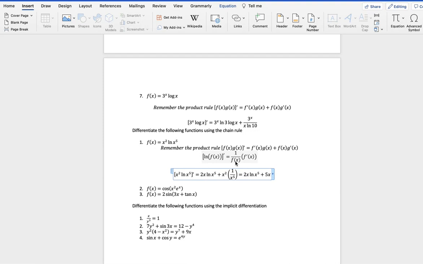Multiplied by the derivative of x to the 5, which is 5x to the 4. So in the numerator, you have x squared times 5x to the 4, which is 5x to the 6, divided by x to the 5. And that's where you should get 5x. Does everyone understand that?